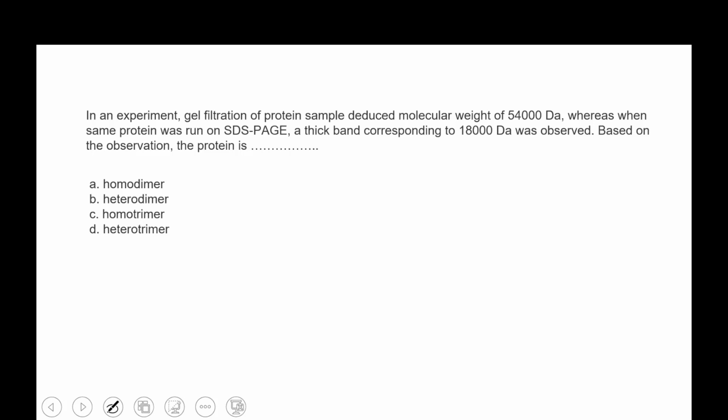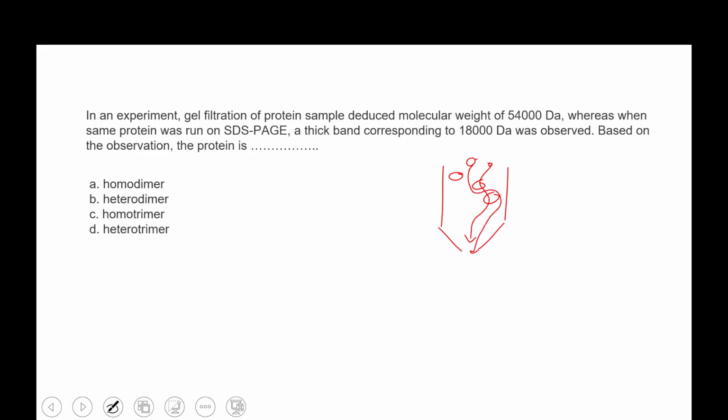Okay, so gel filtration is nothing but sorting the protein based on its size. We have a column filled with resins which are porous in nature. Then we have the proteins, some smaller proteins, some bigger proteins. The smaller protein will go through the pores to pass the column, but the bigger protein can easily pass the column.